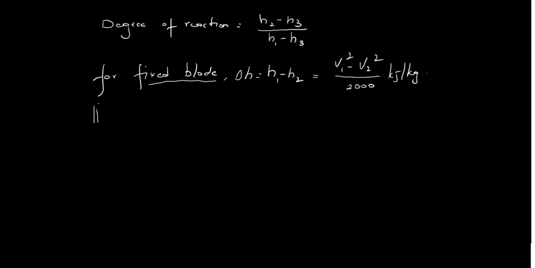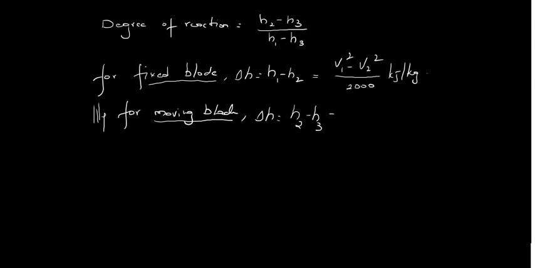Similarly, for moving blade. Now if I consider the moving blade, it is VR1, VR2. It is a moving blade, right? Therefore, delta H will be H2 minus H3.